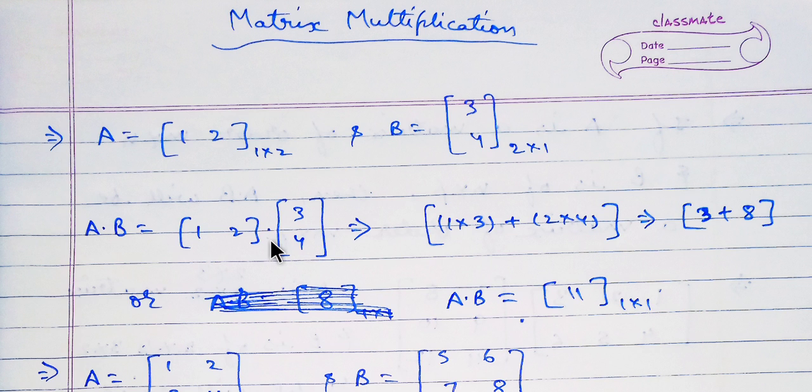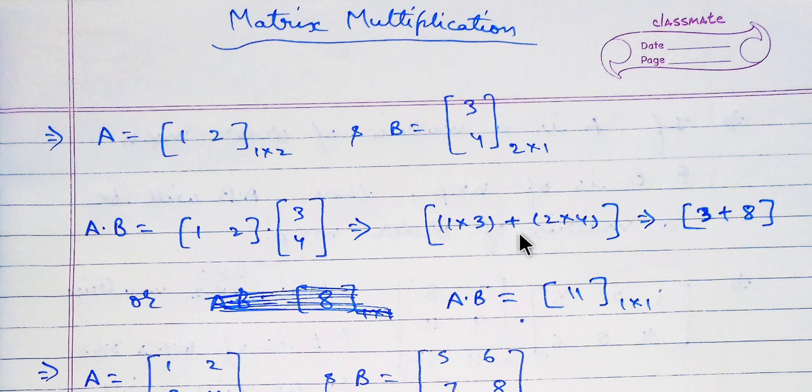So 1 will be multiplied with 3 and 2 will be multiplied with 4, and we put a plus sign between them because we have to find the sum of these two products.